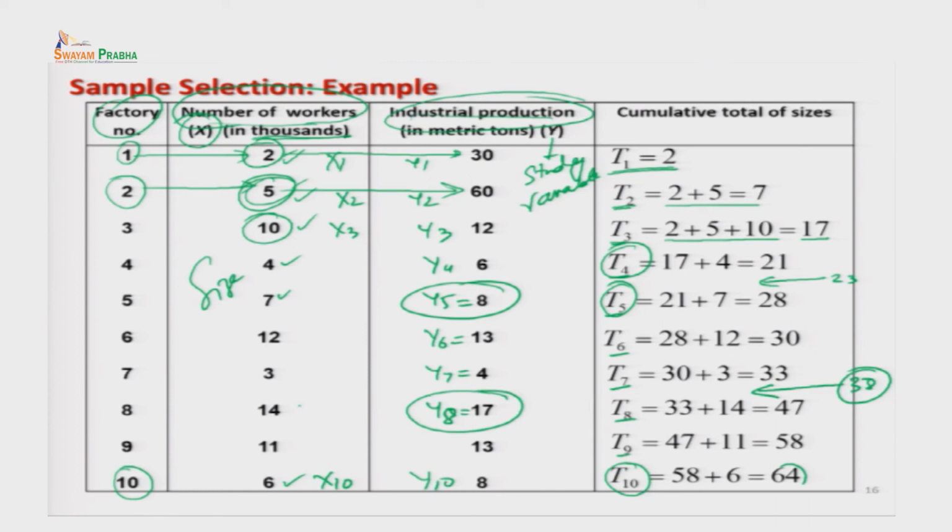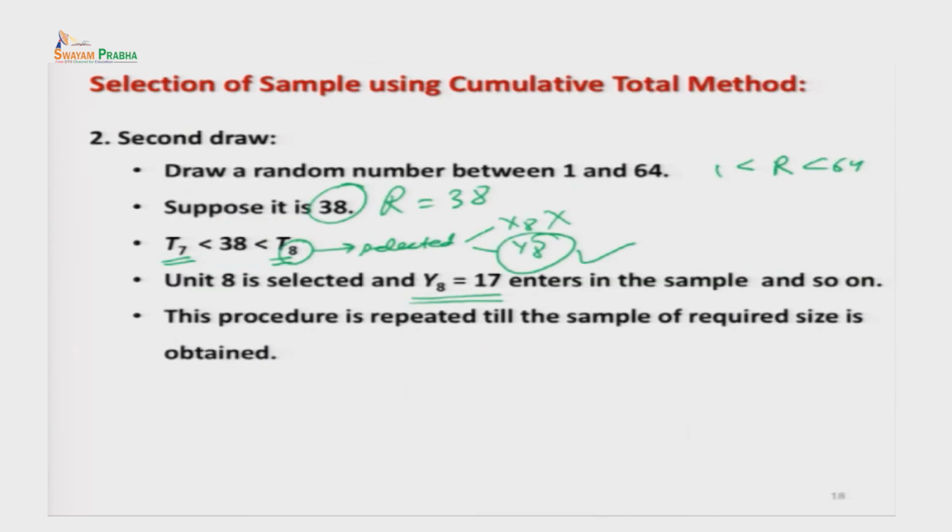So corresponding to this X8 equal to 14, this Y8 equal to 17 enters in my sample. So now I have obtained two sampling units, 8 and 17. Similarly, you can keep on doing it, and this procedure will be repeated again and again till the sample of required size is obtained, right.